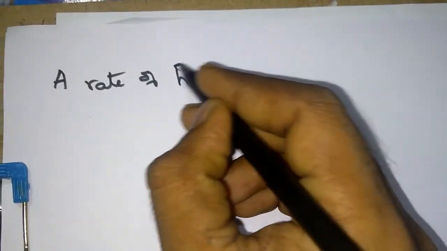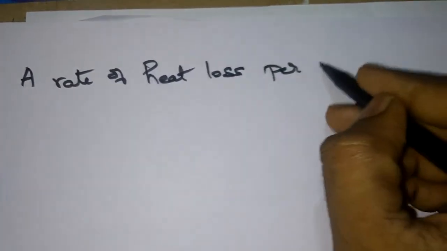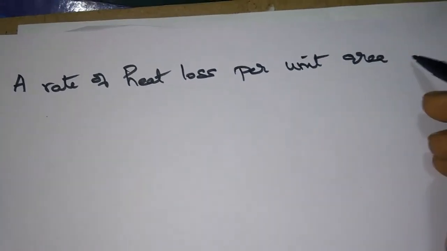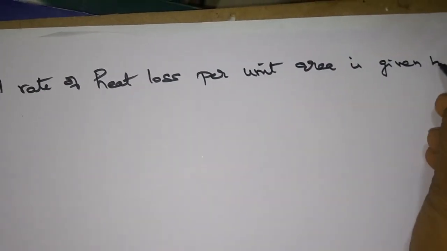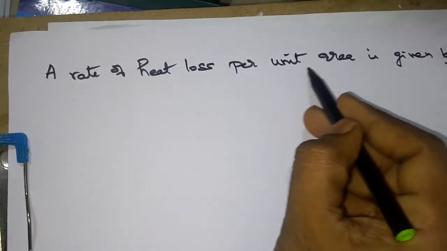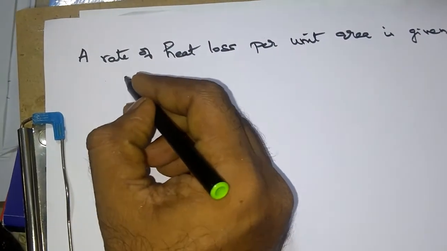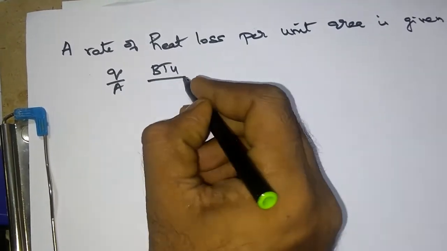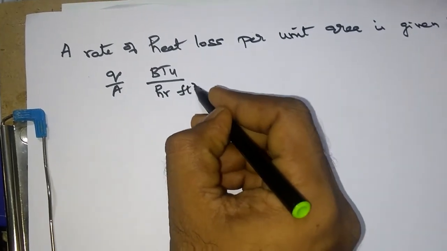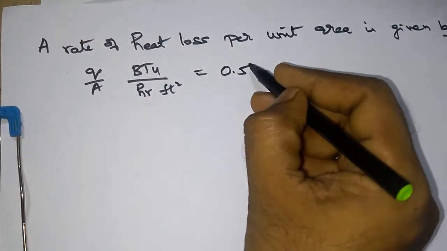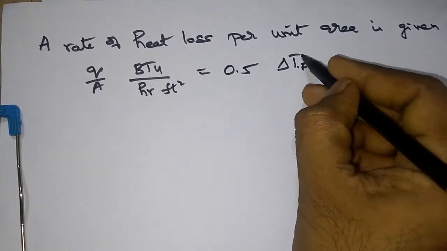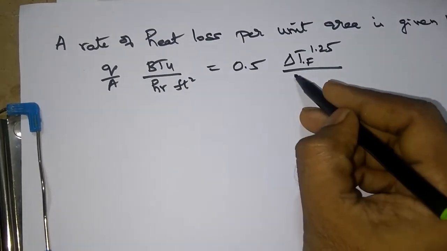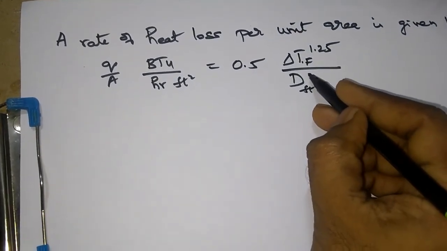So let us do this one simple conversion. The rate of heat loss per unit area is given by Q by A, that is in BTU per hour feet square, is equal to 0.5 delta T to the power 1.25 divided by D to the power 0.25.